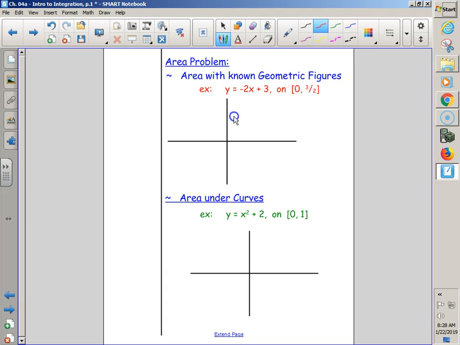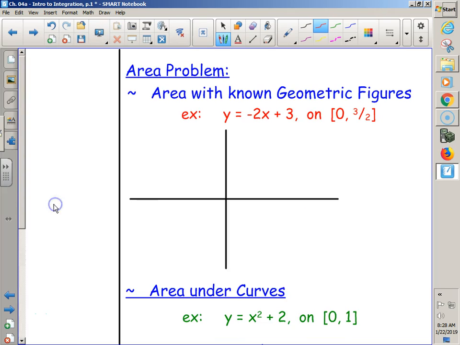Now, I just said calculus is only necessary when the shape formed is non-geometric. So if we were to take this first shape, for instance, negative 2x plus 3, well, that's not a shape, it's just a line, right? Hopefully, we remember y equals mx plus b. We always graph the y-intercept first, the b, and then we graph the slope to get our points.